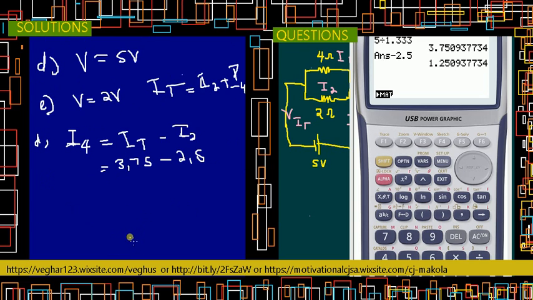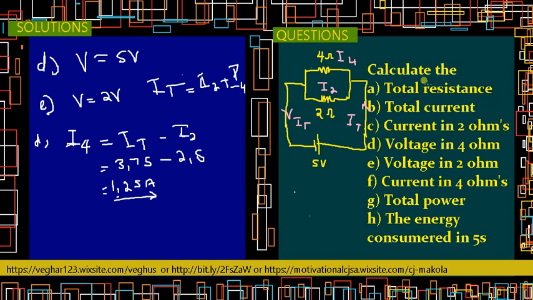So the current is 1.25 amperes in 4 ohms. As you can see, the higher the resistance, the lower the current. The current flowing this direction will be lower than this one because the other side has a lower resistor.